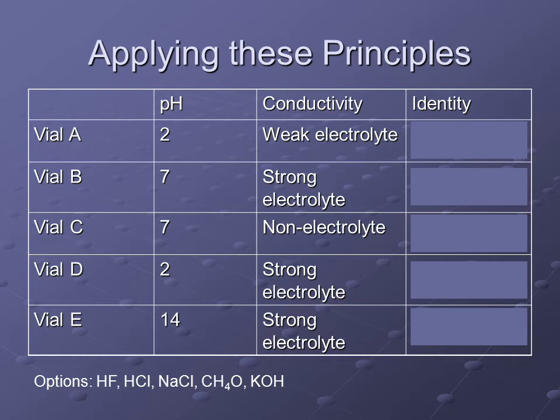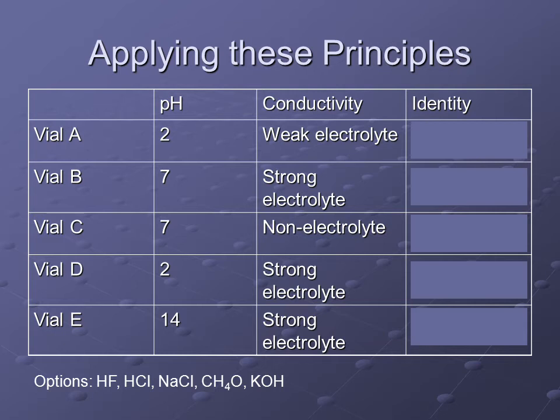Vial C has a pH of 7, it's a non-electrolyte. Vial D has a pH of 2, that's on the acidic side, and it's a strong electrolyte. Vial E has a pH of 14, highly basic, and it's a strong electrolyte.